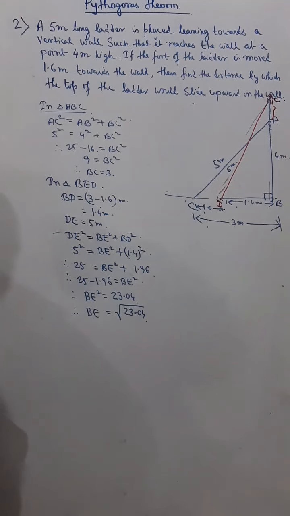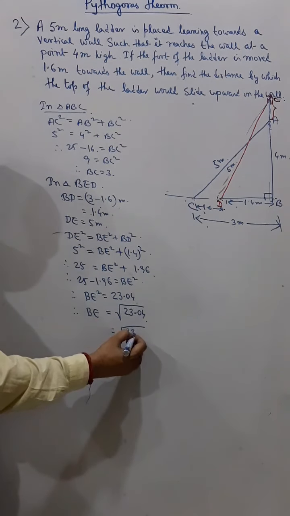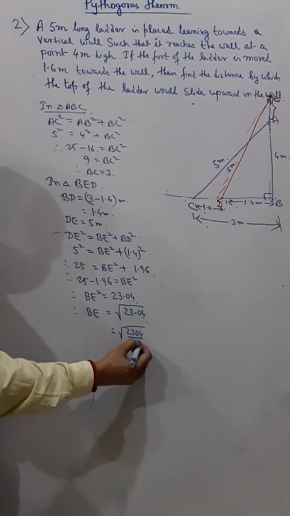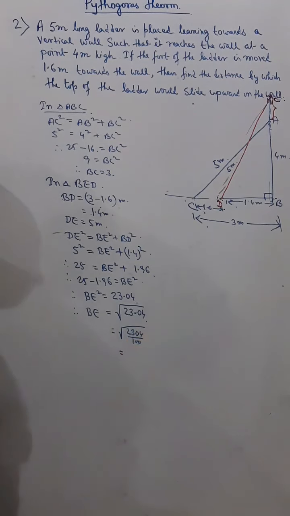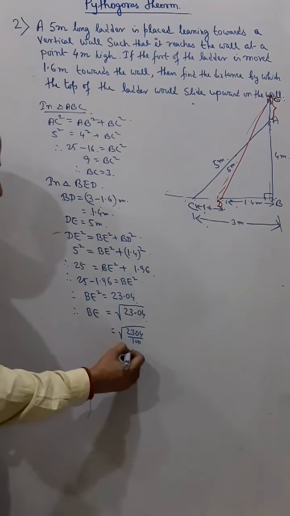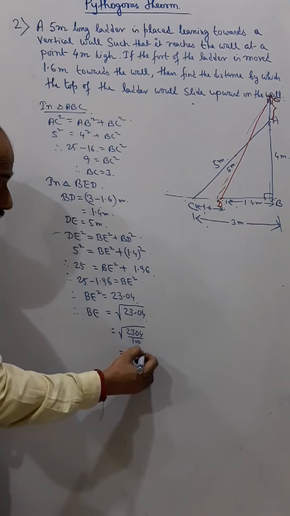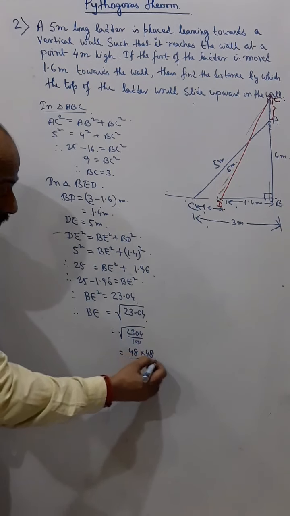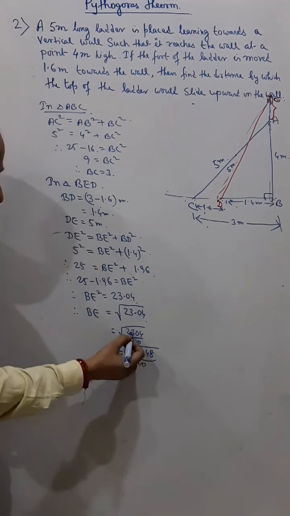And now you can get the square root of this. You can say 2304 by 100. If you do prime factors of 2304 and find the square root of that, you will get 48. So you are getting 48 into 48 by 100 under the root, because 48 into 48 is this.